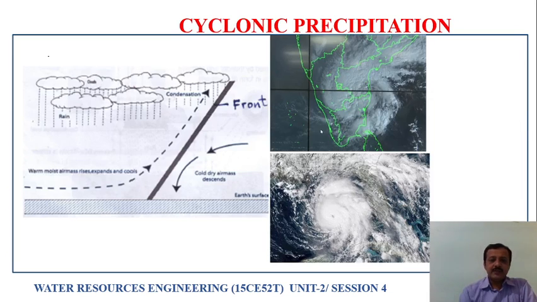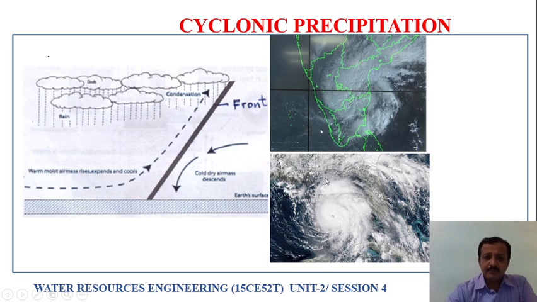This is a pictorial view of cyclonic precipitation. During cyclonic precipitation, a low pressure will be created at a certain point. Wherever the low pressure is created, the air masses, the warm air present in the surroundings, rush into the low pressure area with a very high force.